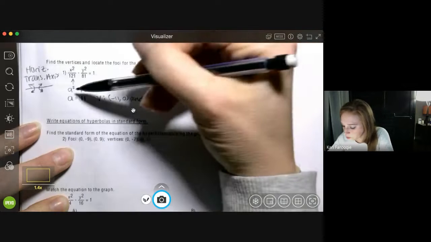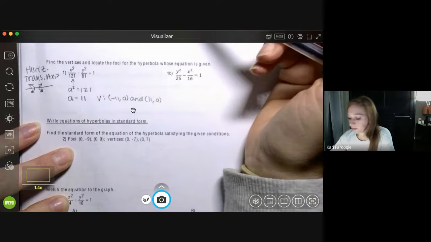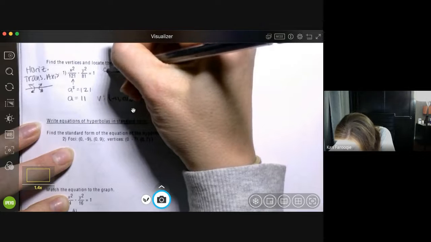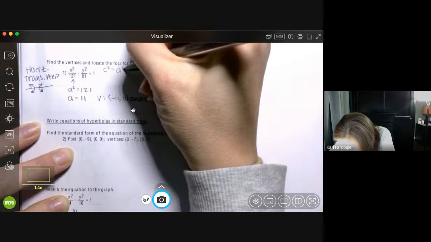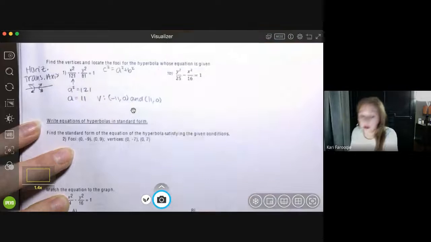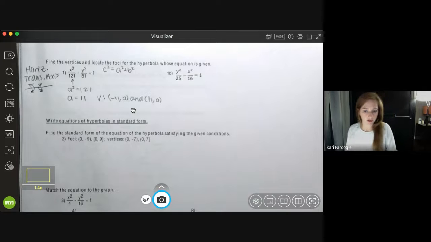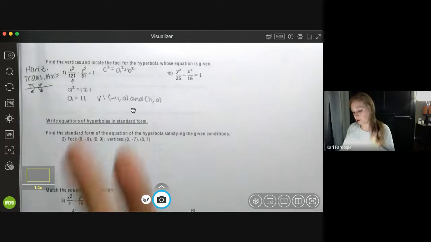So we know that a squared is 121 and b squared is 81. So in this case, c squared is a squared plus b squared. And remember, we have to have that in this instance because sometimes a squared is going to be less than b squared, so we won't always be able to do that subtraction problem. So that's one way you would know right off the bat, wait a second, maybe I used the wrong formula.